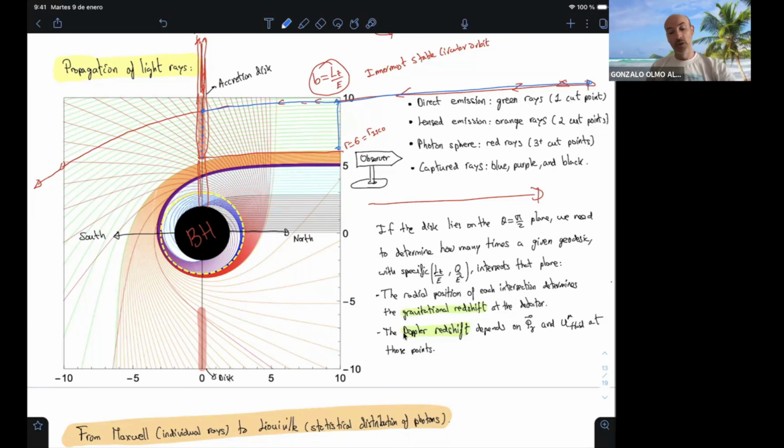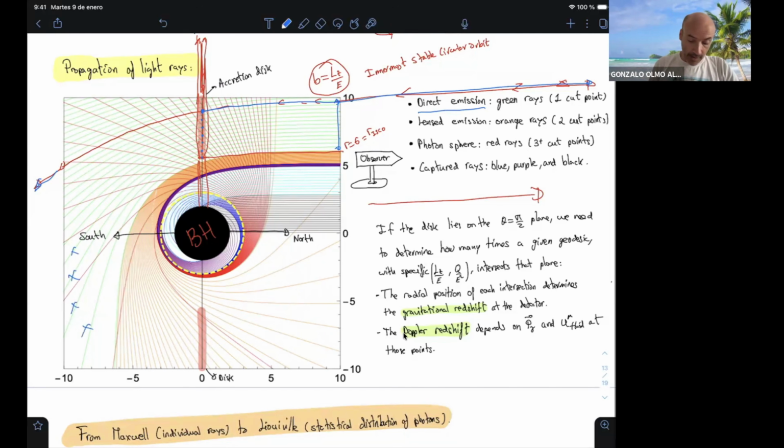Okay? So these green geodesics represent what we call the direct emission of the disk. There is only one intersection of the geodesic with the disk, because as we can see in this one, it is deflected and continues traveling to infinity, okay? The same happens to all these green geodesics.